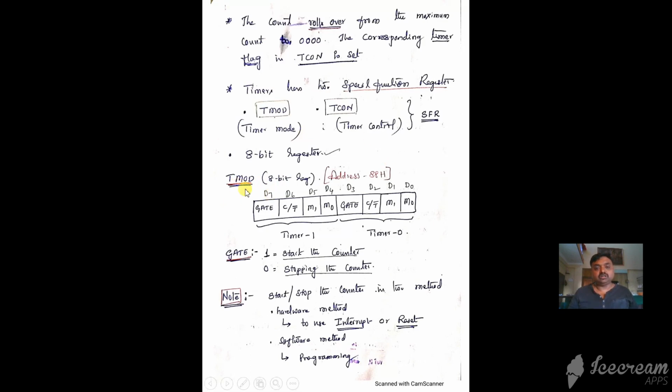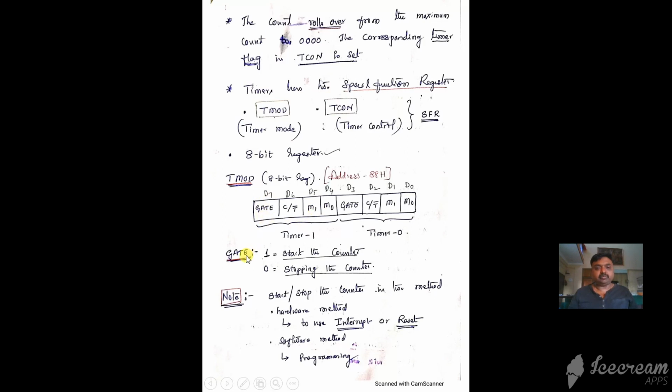We're going to discuss the TMOD bits and how we can configure the modes of operation. As it is 8-bit, D0 to D7, we have M0 and M1, the mode operation bits, C bar T bar, the counter and timer selection, and the gate operation. This is for timer 0, and similarly for timer 1.